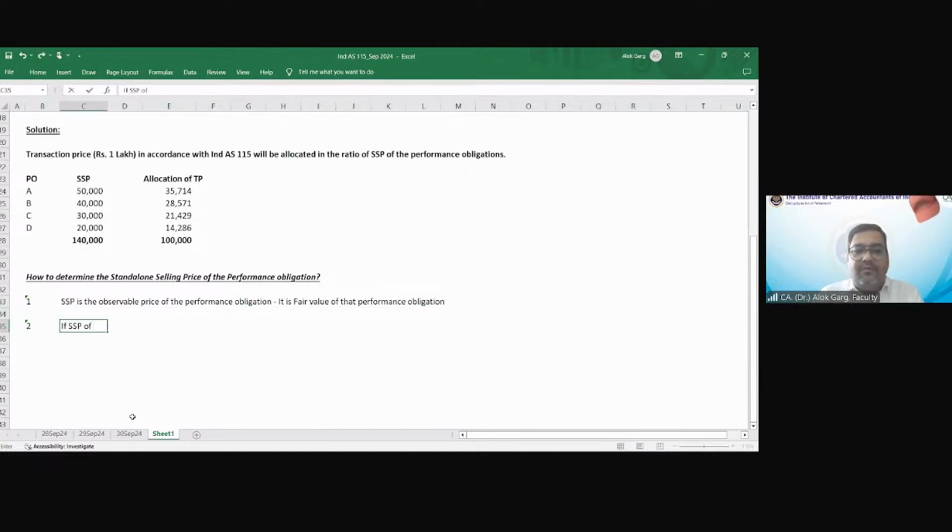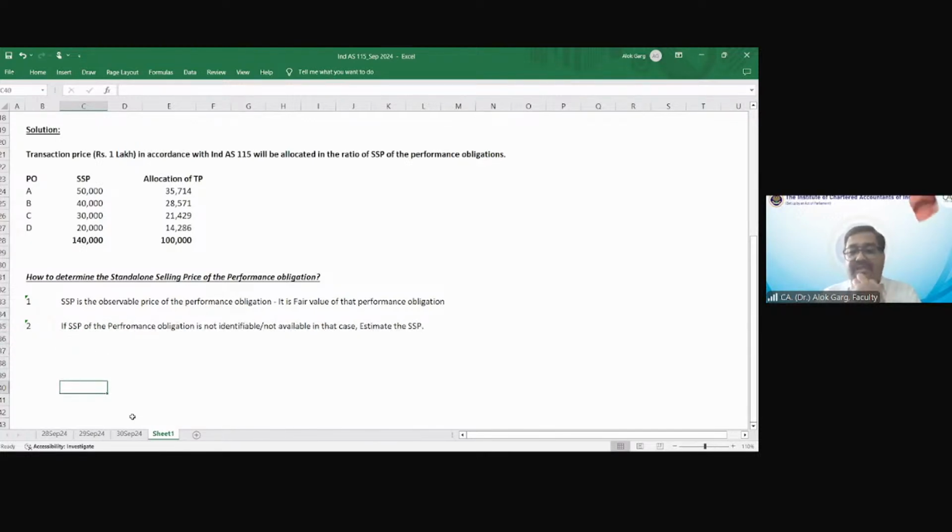Second, if the standalone selling price of the performance obligation is not identifiable, meaning not available, in that case estimate the standalone selling price.